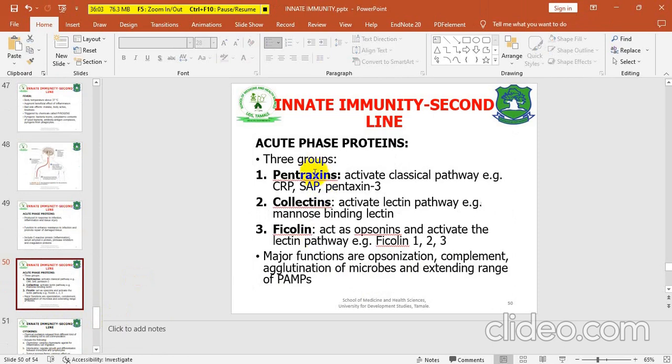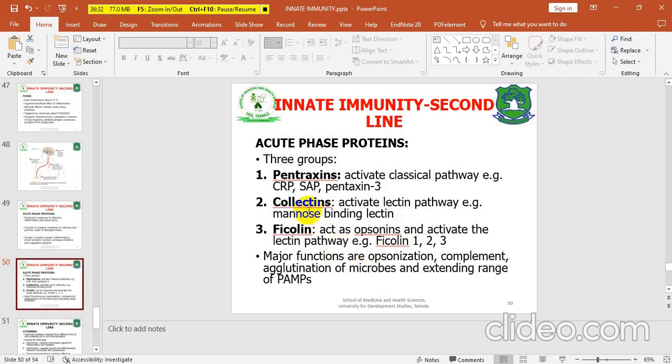Examples of the acute phase proteins are the pentraxins, and C-reactive protein is part of it. We have collectins, the lectin component of the lectin mannose pathway of the complement system. We have the ficolin, which acts as an opsonin and activates the lectin pathway too.